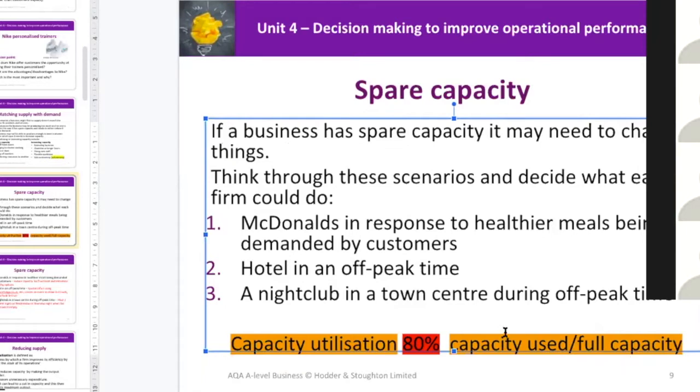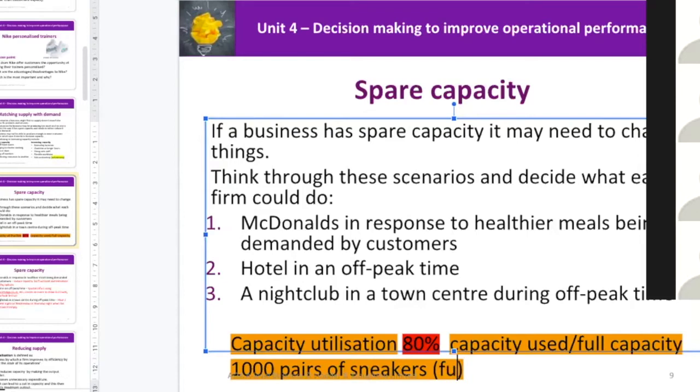This is how much you used. For example, I'll give you one example. Nike, right? In their factory, their full capacity is to produce 1,000 pairs of sneakers. That's their full capacity.